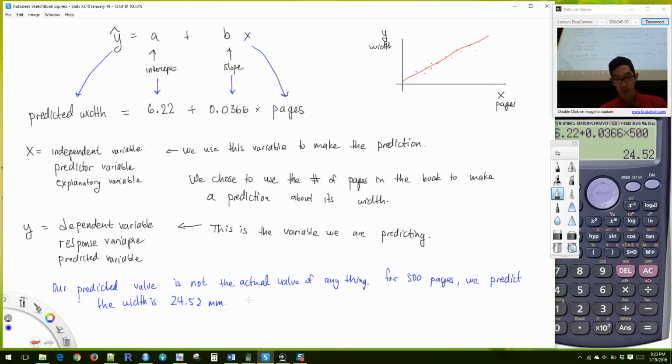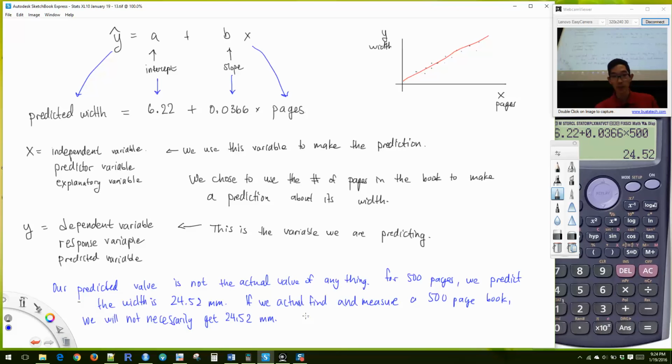If we actually find and measure a 500-page book, we will not necessarily get that. But if we find many 500-page books and take the average, that average should be very close to 24.52.